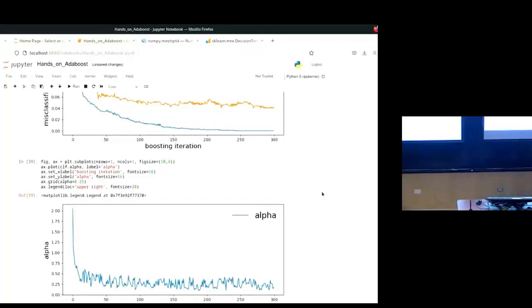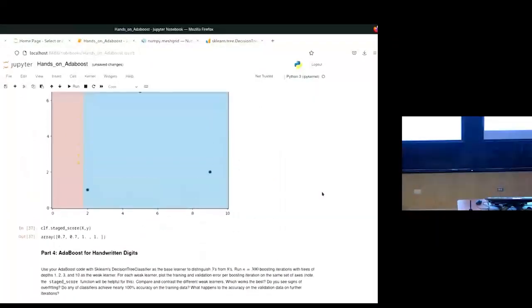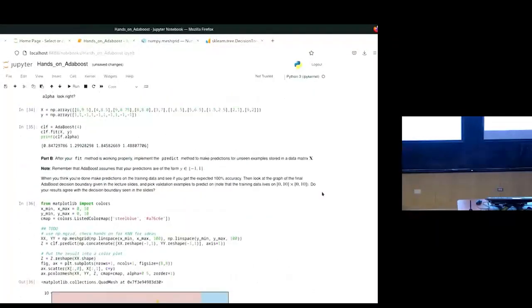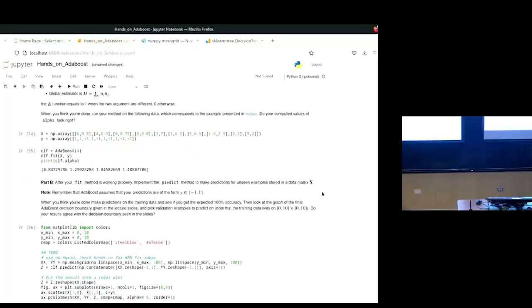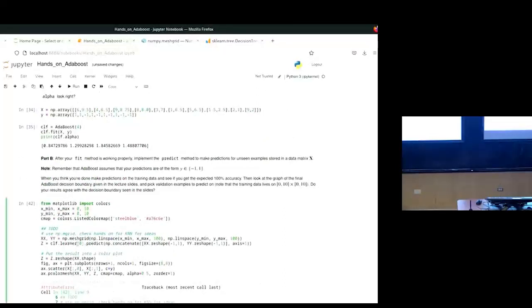You scroll back up to where you had z equals clf.learners.predict? When I was using learner? Oh, yeah. That one, I was just looking at the learners themselves. For example, the first one, I was just looking at the decision surface.